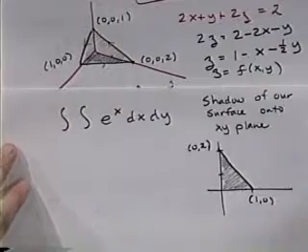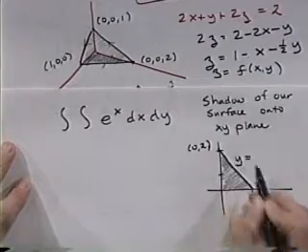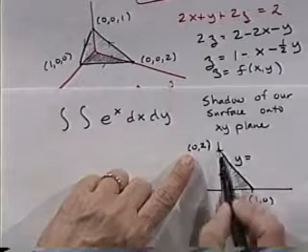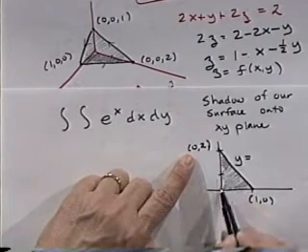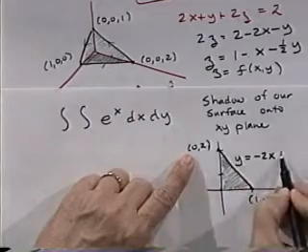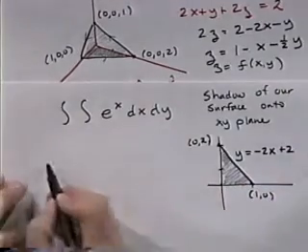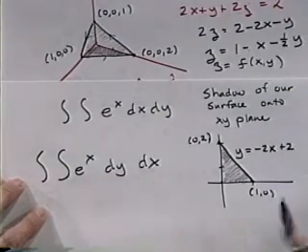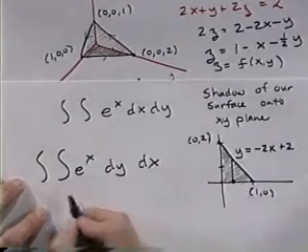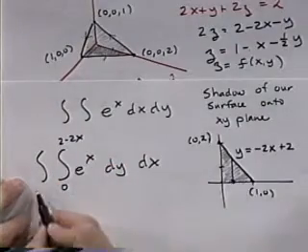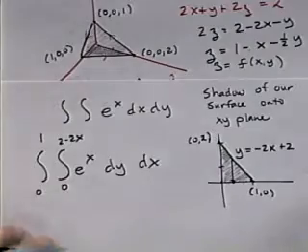Well, this equation here, if I want to write it as y equals mx plus b, my slope is, if I go from this point to this point, my change in y is minus 2, my change in x is 1, so that's minus 2x, and my y-intercept is 2. All right, so I'm going to integrate e to the x dy dx, with y going from 0 to 2 minus 2x, and if I sum all those up, x is going from 0 to 1.